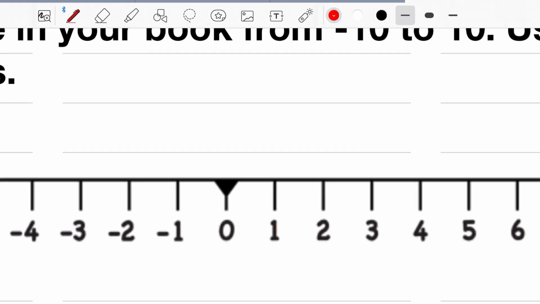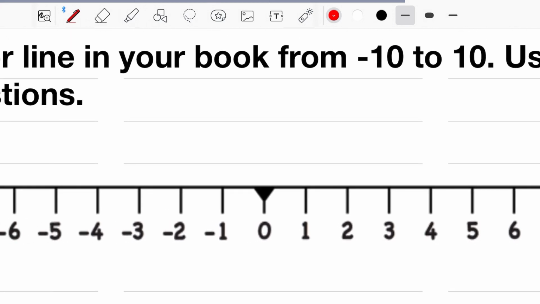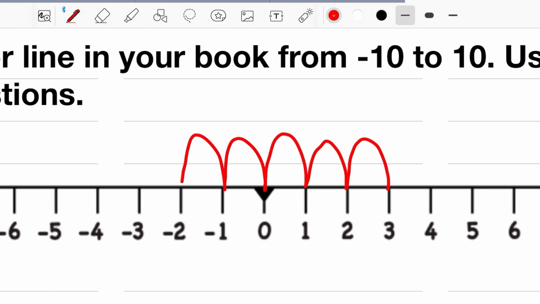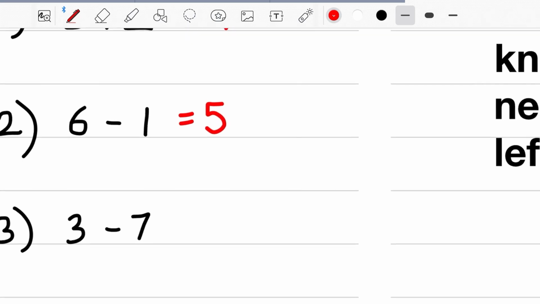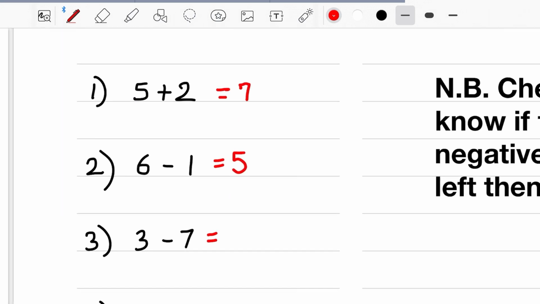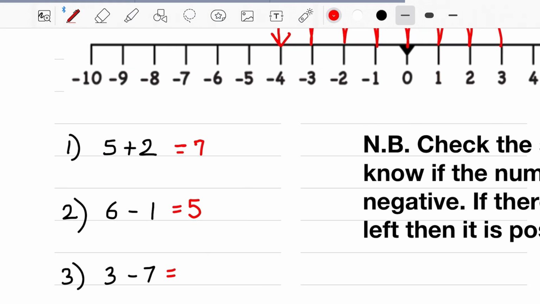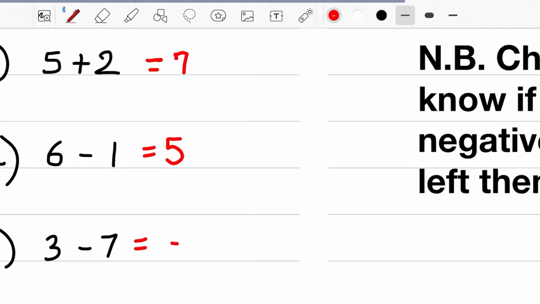So, locating 3 on our number line, moving 1, 2, 3, 4, 5, 6, 7. So our answer is minus 4. Therefore, 3 minus 7 is minus 4.